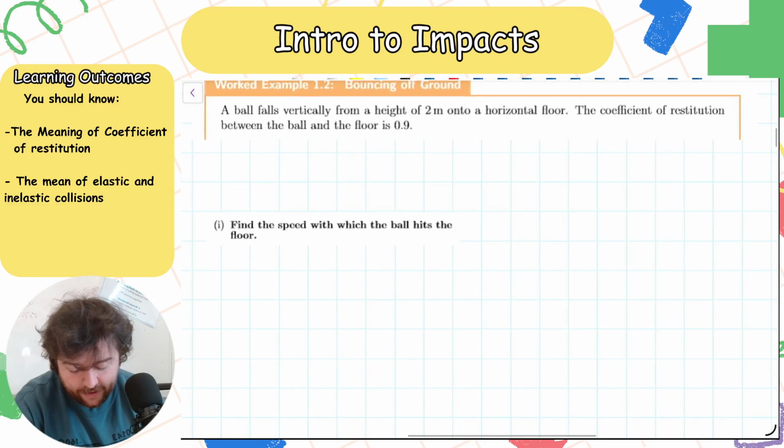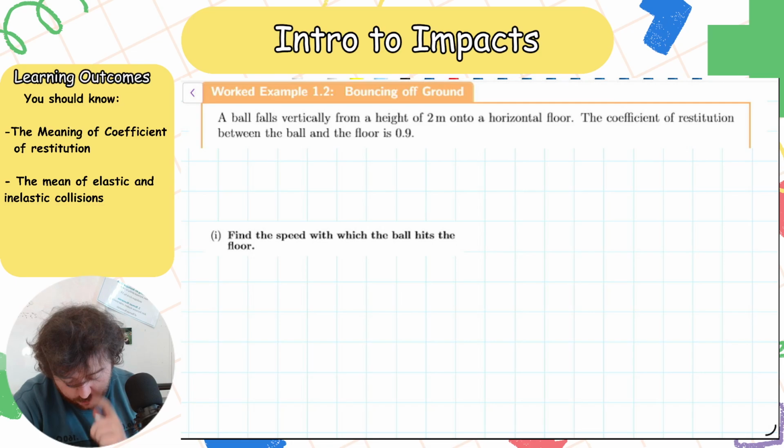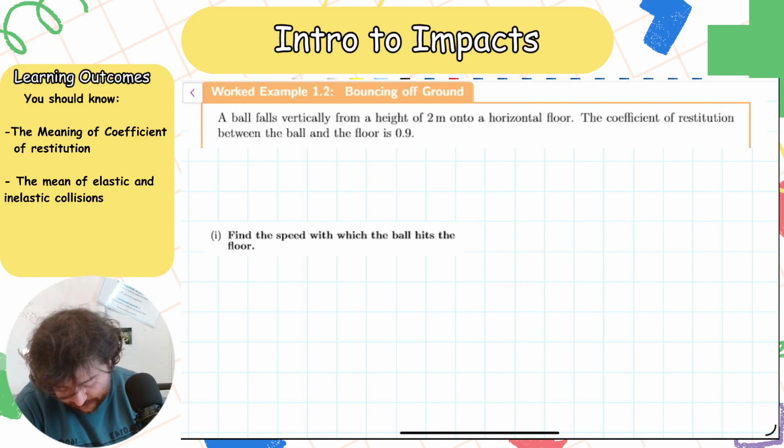A ball falls vertically from a height of 2 meters onto a horizontal floor. The coefficient of restitution between the ball and the floor is 0.9. Find the speed at which the ball hits the floor. So this is going to be a linear motion question. I have a ball here. It's going down.